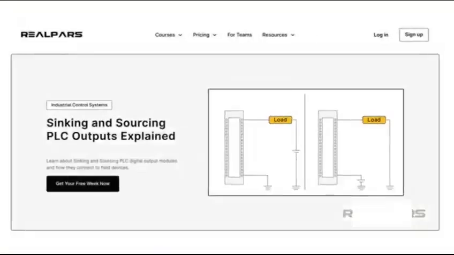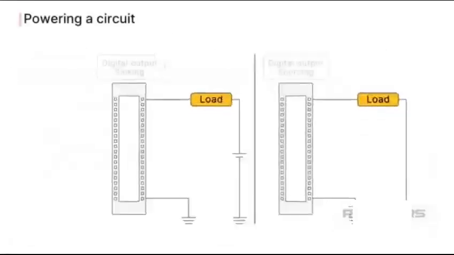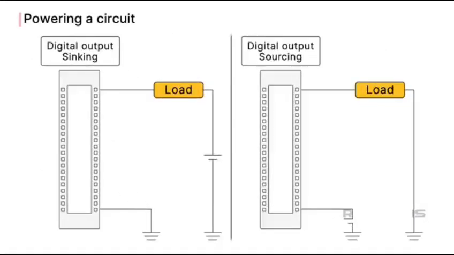As stated in a previous video called Sinking and Sourcing PLC Outputs Explained, the difference between sourcing and sinking is simply the direction of the flow of current. If we draw a picture of two theoretical devices, show a connection between them, and indicate the direction of the current flow, we can then decide which device is sourcing and which is sinking.